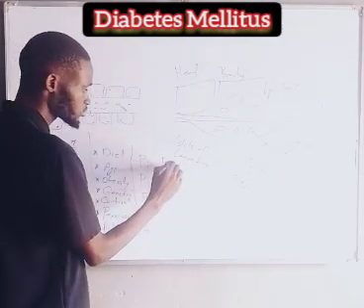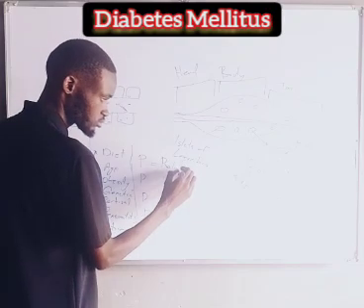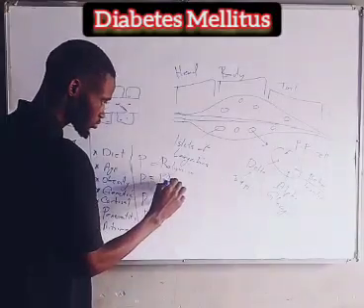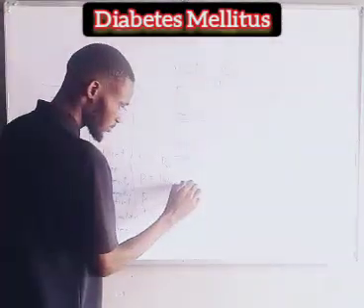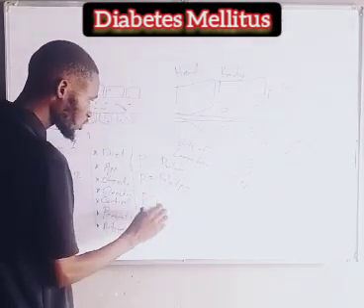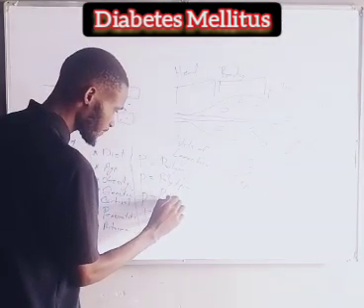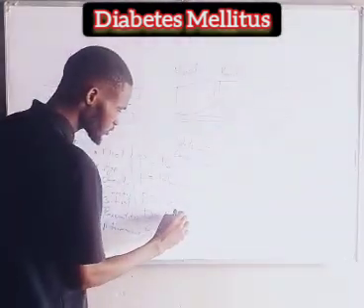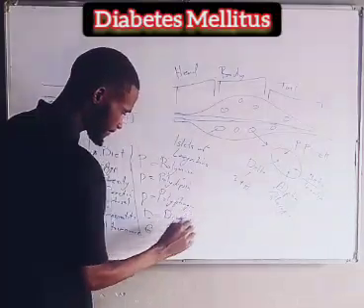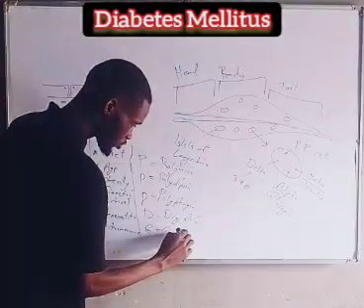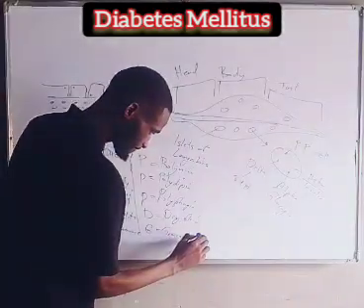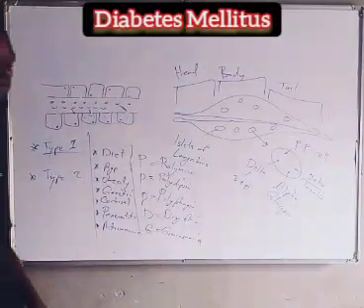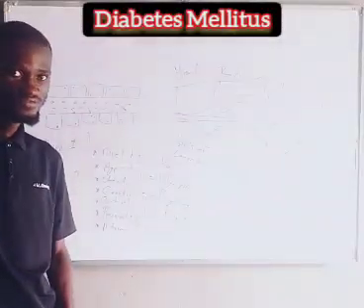We can talk about polyuria, polydipsia, polyphagia, dry skin, and also glucosuria. So these are some of the clinical features that a patient with diabetes mellitus is likely to have.